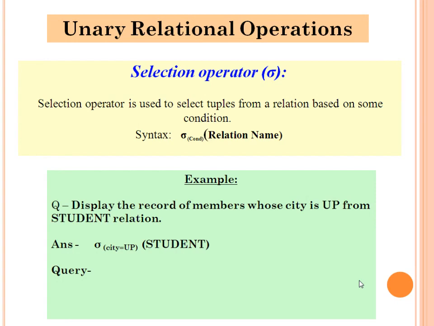Display the records of members whose city is UP from the student relation. This is the syntax of writing relational algebra, and we'll write the SQL query like this: select star from student where city equals UP. Clear?